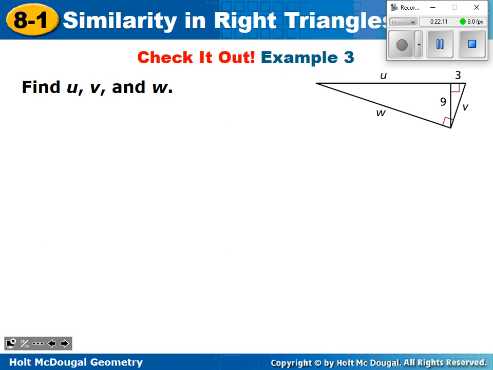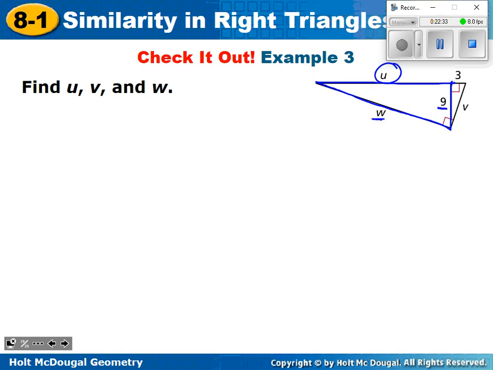So first of all, somebody tell me which variable you want to solve for first. U, okay? So I want to find U. U is a part of the hypotenuse. If I look at the right triangle here that has U in it, I can't use Pythagorean theorem because I know only one side.